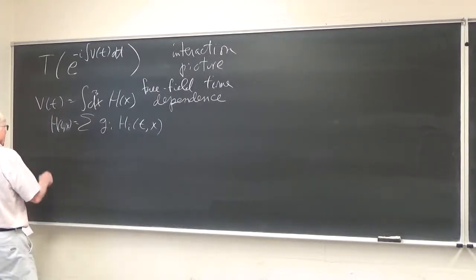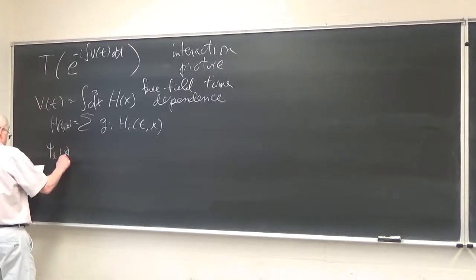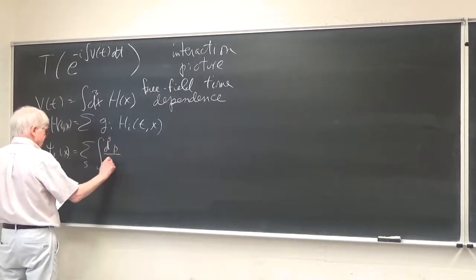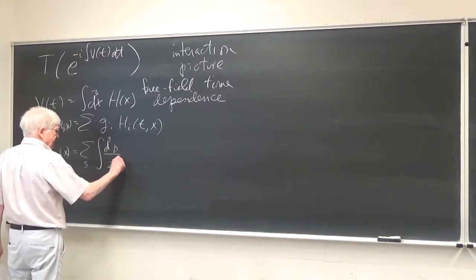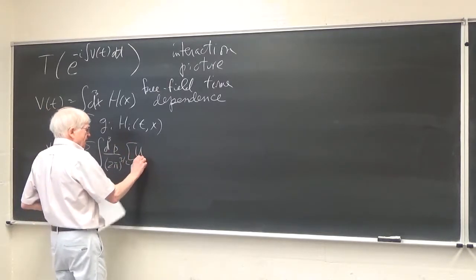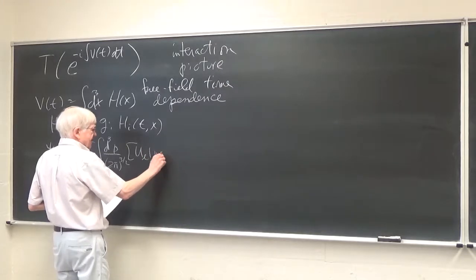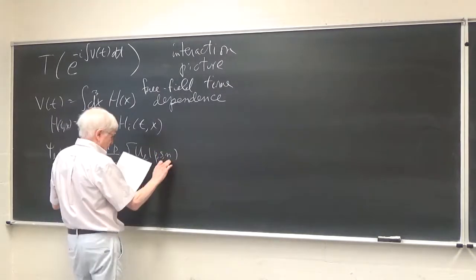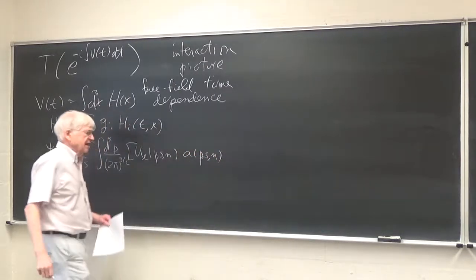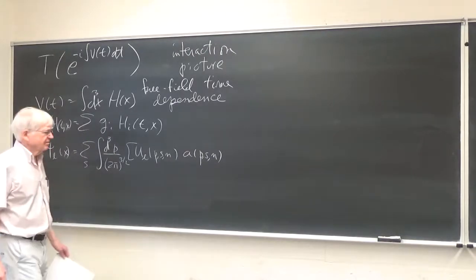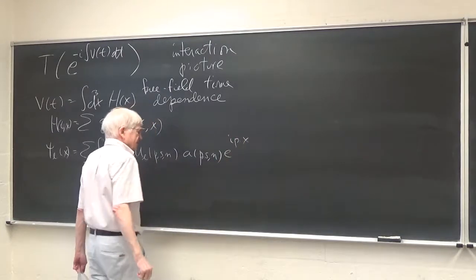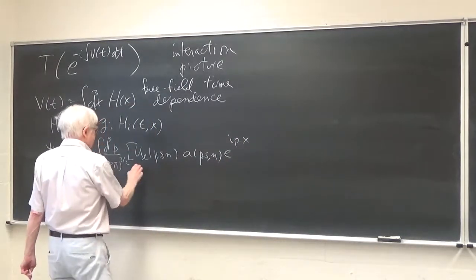And of course a generic field is a sum over s, an integral d^3p over (2 pi)^(3/2), and then u_l of p, s, n, where n represents the kind of particle. I've normally suppressed it, and I will normally suppress it, but sometimes it's useful.